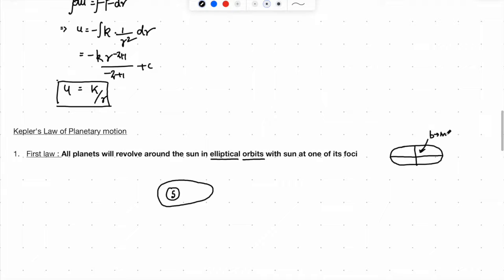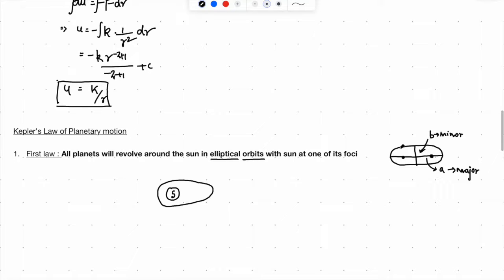The larger one is denoted by A, and this is the major axis. If you are taking only half of it, it is the semi-major axis, and if you are talking about the full axis, that's the major axis. The foci will be lying on the major axis. So this will be one focus, this will be the other focus.